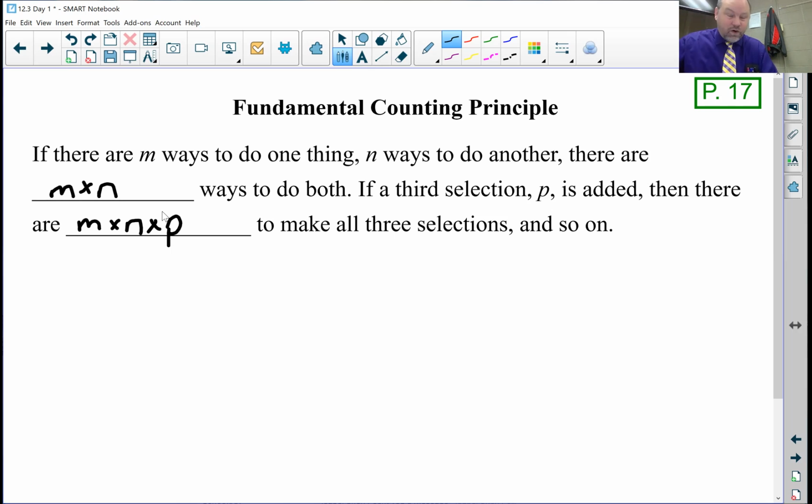And we would, again, multiply all those together. So this is called the fundamental counting principle. It just deals with picking one thing from each category.